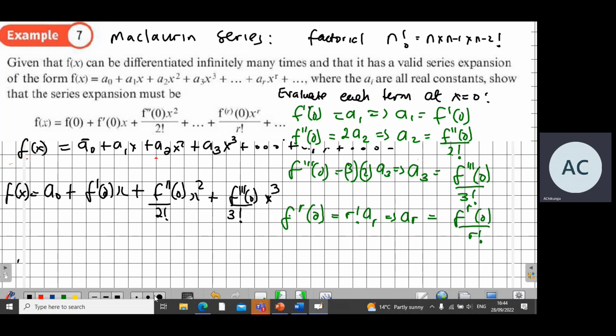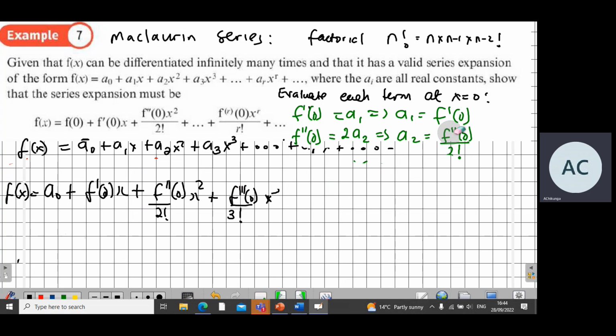We can keep on going, plus dot dot dot, plus f of r, because we are here where there's ar x to the power of r. So this will also be written as f of r at 0 over r factorial, then x to the power of r. It keeps on going. So this is the Maclaurin's series.